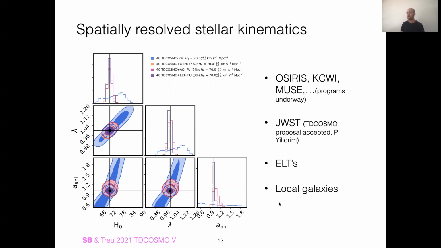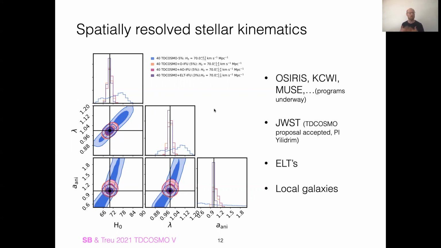And it really showed that spatially resolved kinematics can bring us back to the errors that we had previously, or even shrink them to almost a 1% budget with a sample that we expect to have in hand in the near future. So this is one approach to go forward.